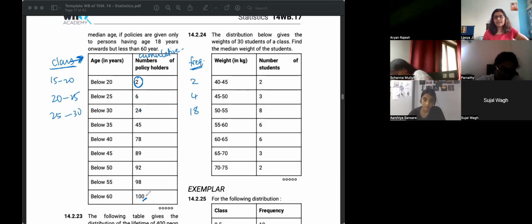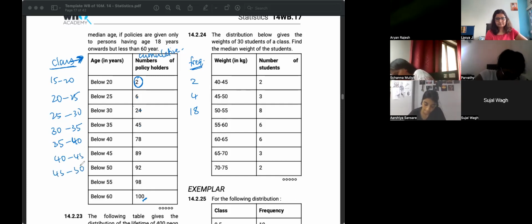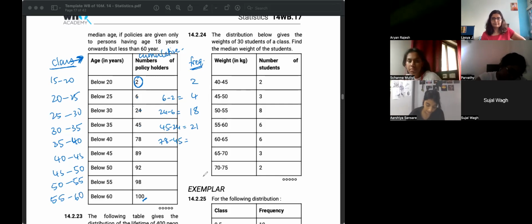So 100 by 2, 50 कहाँ पे आ रहा है? 35 to 40. So once you have the median class, then find out what is the median.